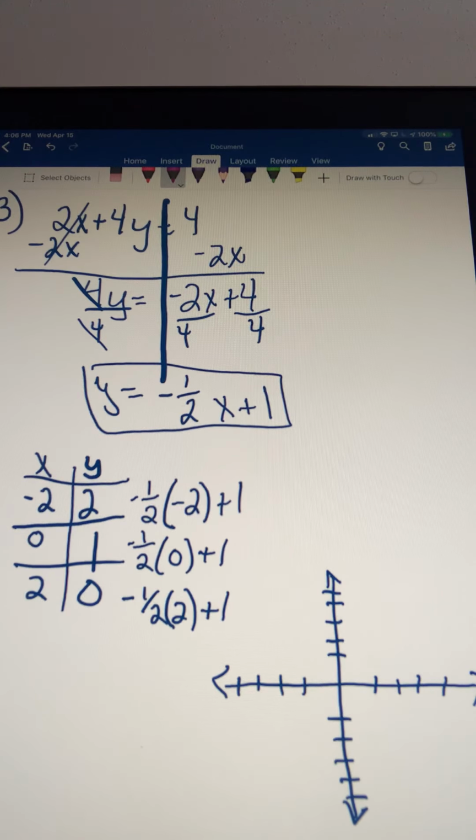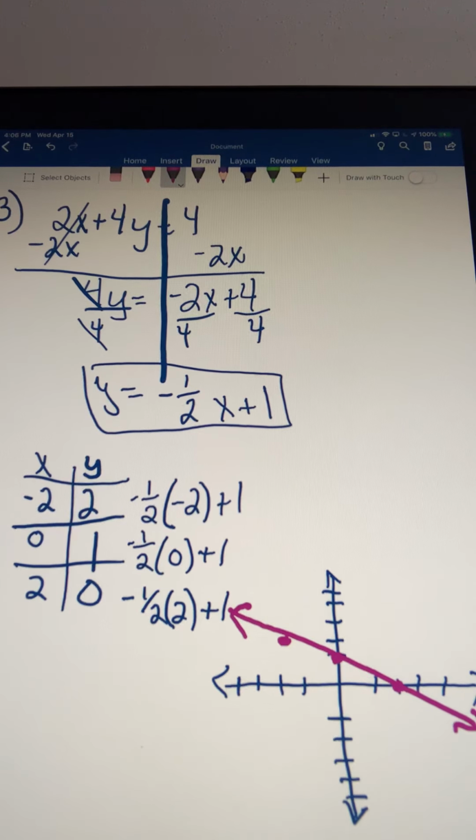So x is negative 2, up 2. The next problem, x is 0, that's the origin. Up 1, dot. Then I have x is positive 2, y is 0. It stays right on the x-axis. This forms a straight line, means we're in good shape. Draw your line with the arrow and you're done.